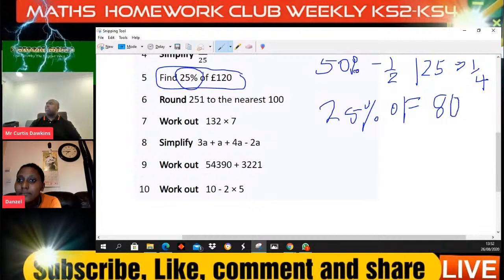So what's half of 80? What's half of 8, Denzel? You're taking away. Divide means share. I need to share 8 into 2 even lots. Think, Denzel, think.